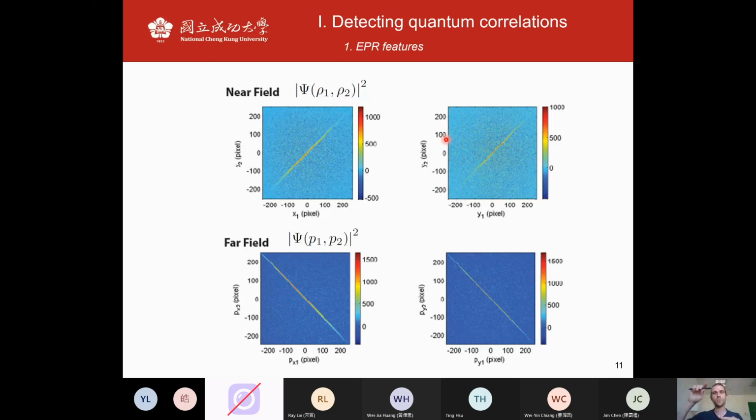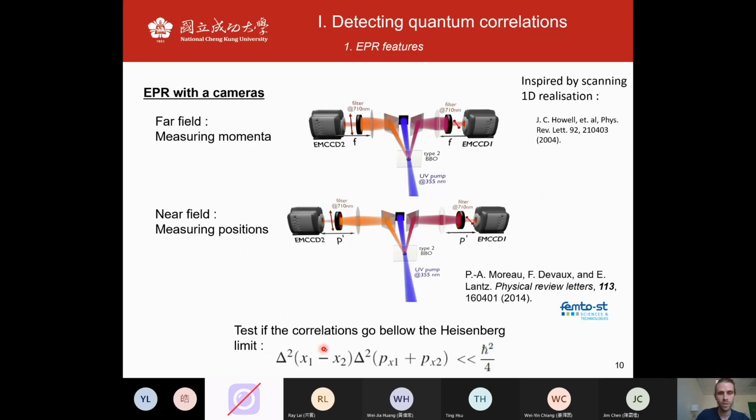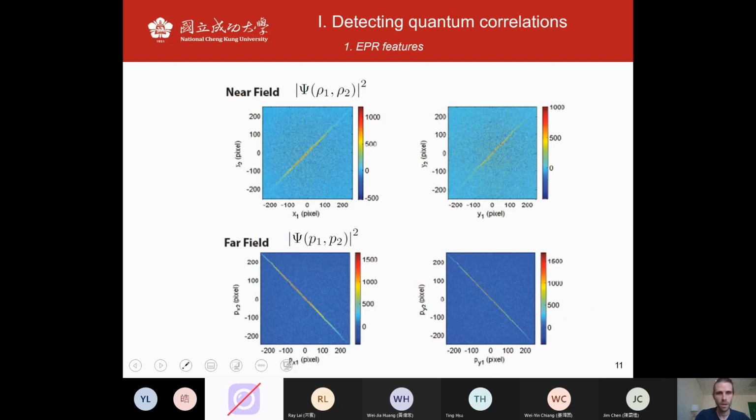And basically what we can do is to do that in both the X and Y dimensions of the images. So we'll have two inequalities to test: one in X, as you can see here, and one in Y. So in both X and Y, what we get are correlations in positions. And in the far field, in the momenta, we get this anti-correlation.